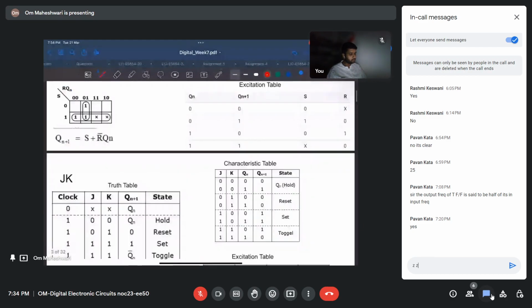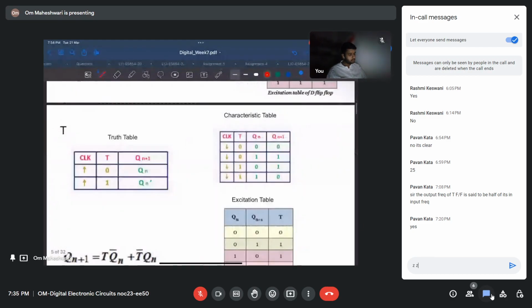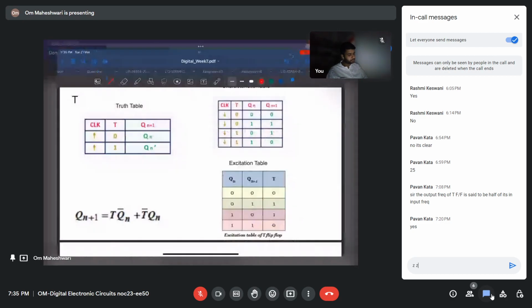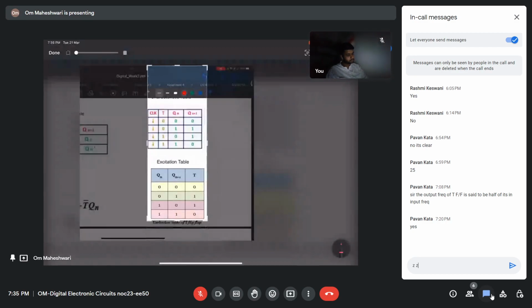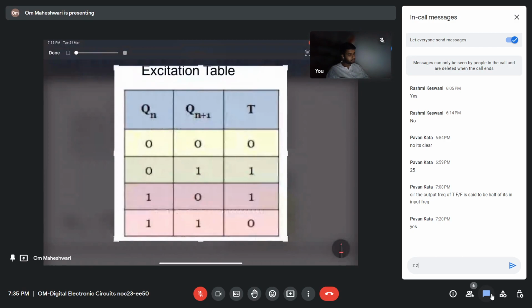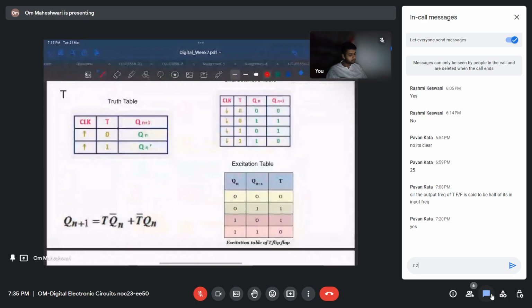We need the characteristic table of this. This is the characteristic table. Sorry, this table, the characteristic table of this.